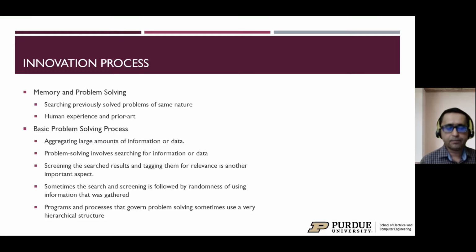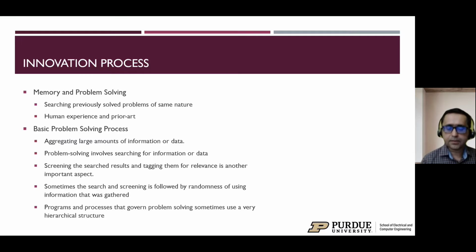The basic problem solving process as described by Simon and March is that aggregating large amounts of information is the first step. Then you have to search that data, tag it, and try to extract features or information from it. Sometimes this search and screening is followed by a randomness in using the information that was gathered.